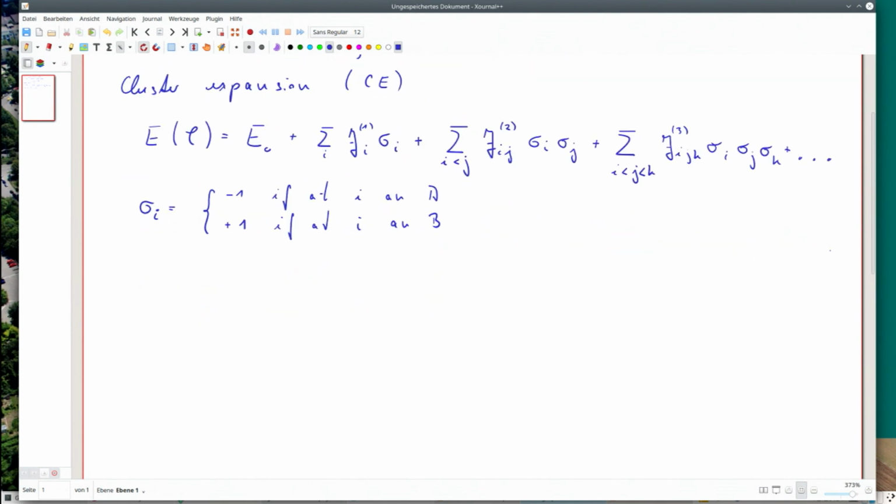And of course, these J_ij, J_ijk, and so on, will depend on the type of atoms they connect.